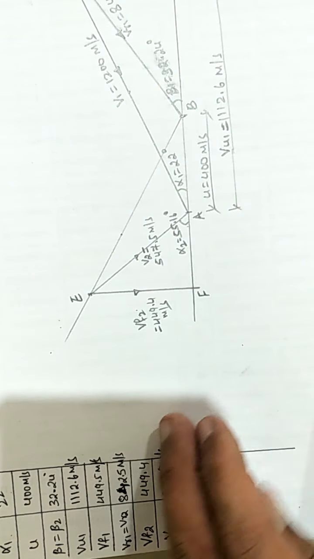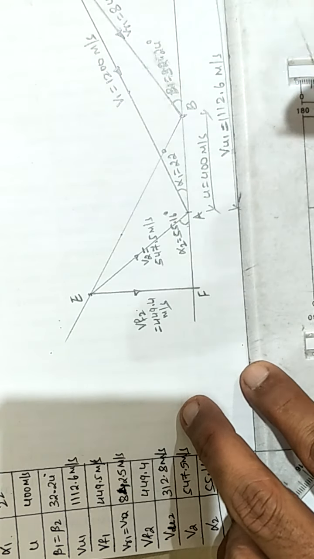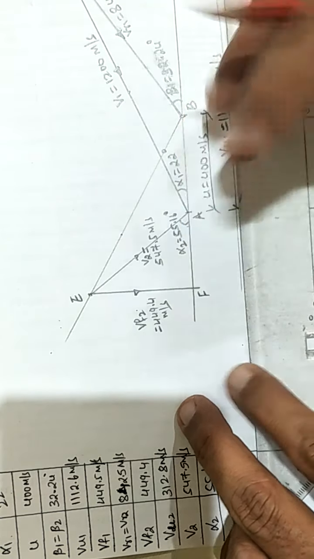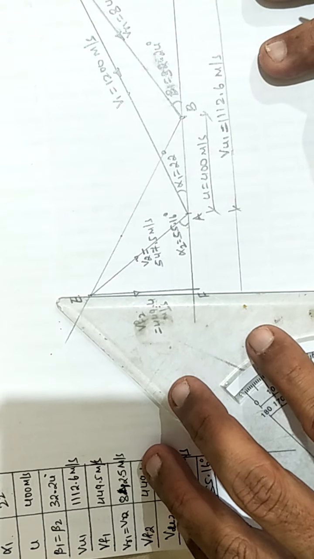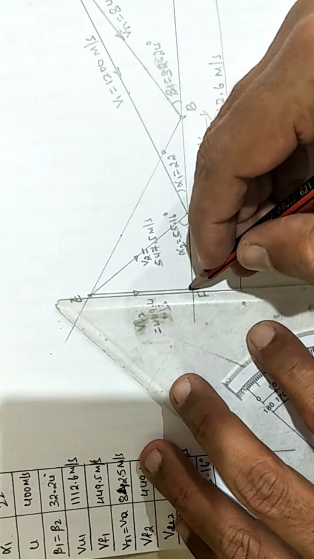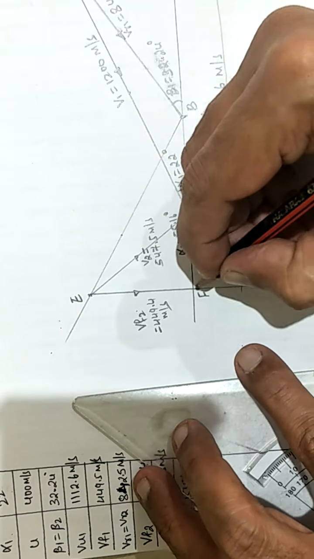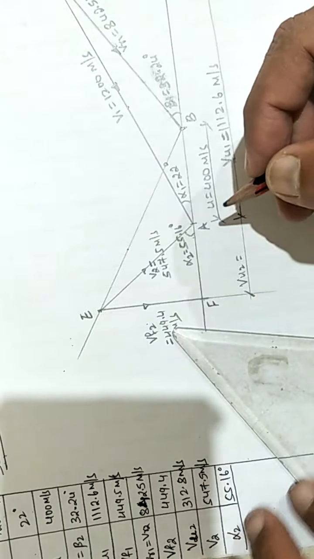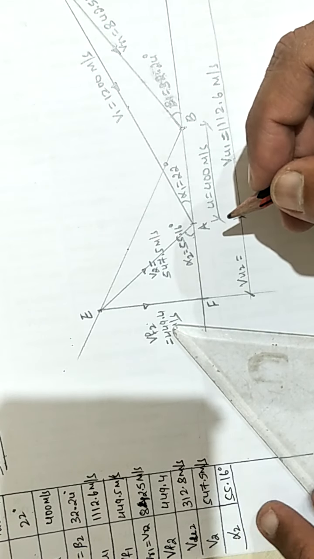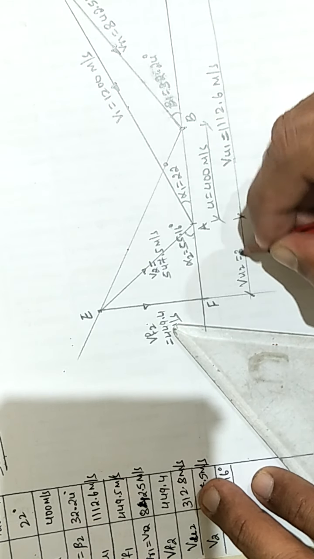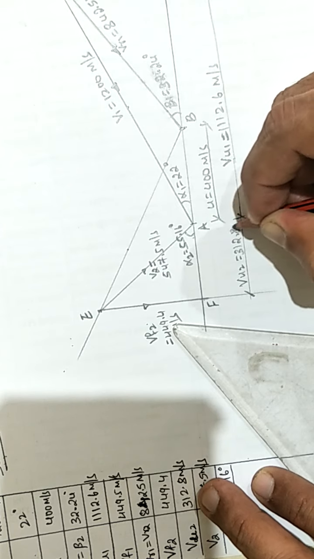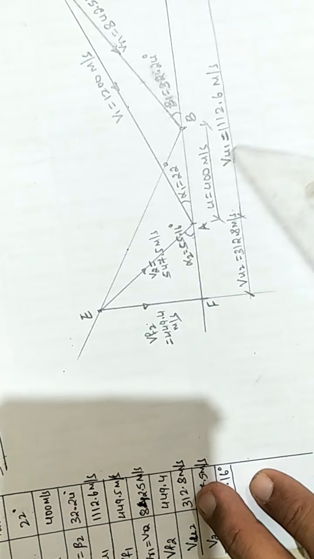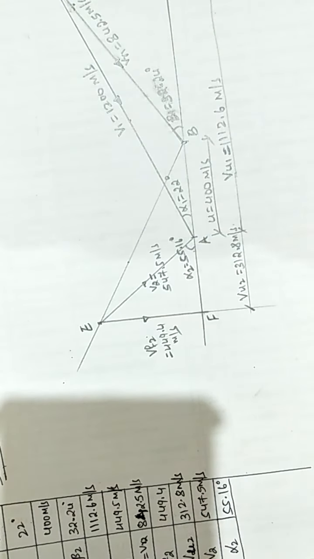So we have obtained all the values, and we also plotted the velocity triangle with scale, right? I am going to represent VU2 over here. VU2 is equal to 312.8 meters per second. So this is how we have drawn the velocity triangle.